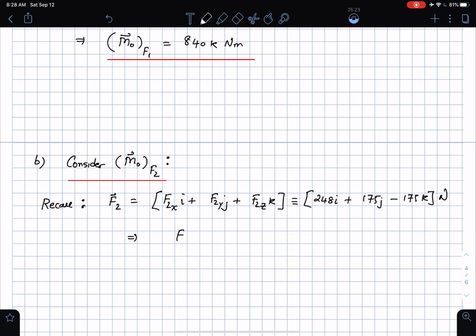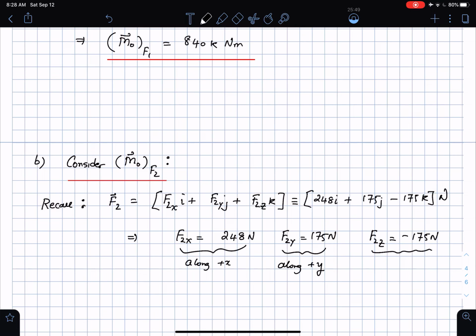Which tells me that F2x is equal to 248 newtons, F2y is 175 newtons, F2z is minus 175 newtons. Which means that F2x is along positive x, F2y is along positive y, and negative F2z is along positive z, which means that F2z, which is equal to 175 newtons, is along negative z.